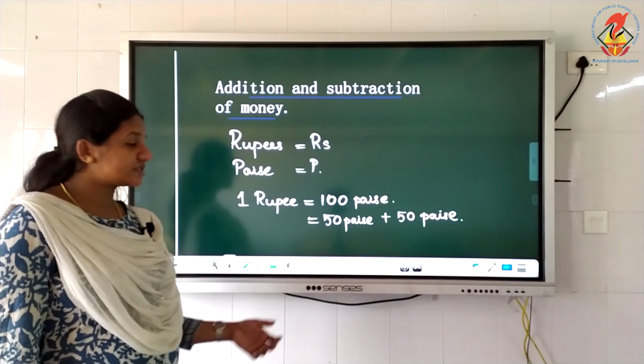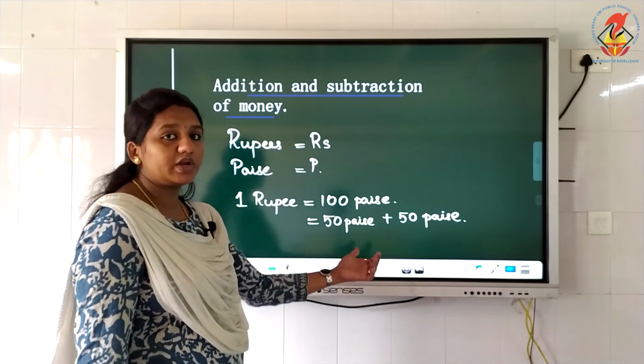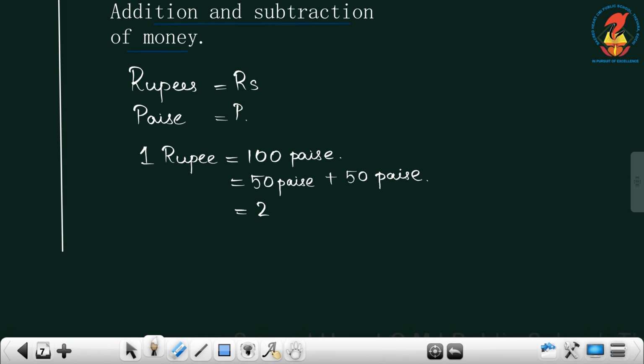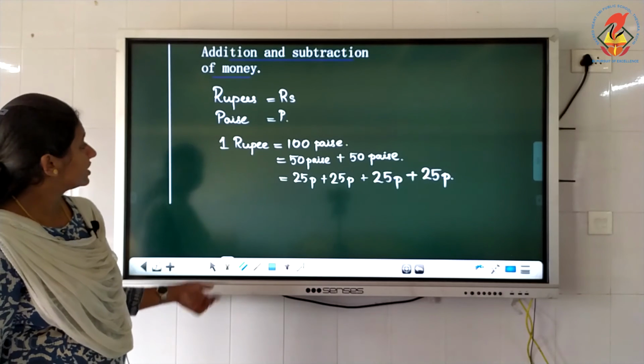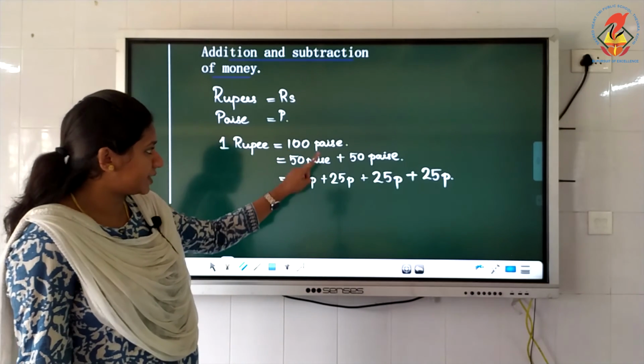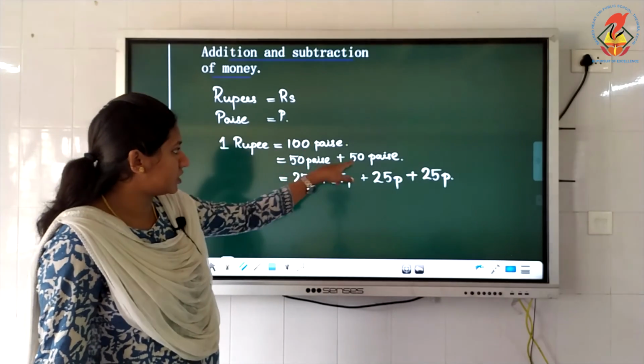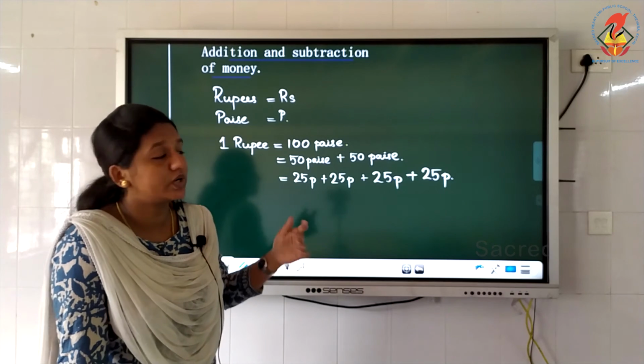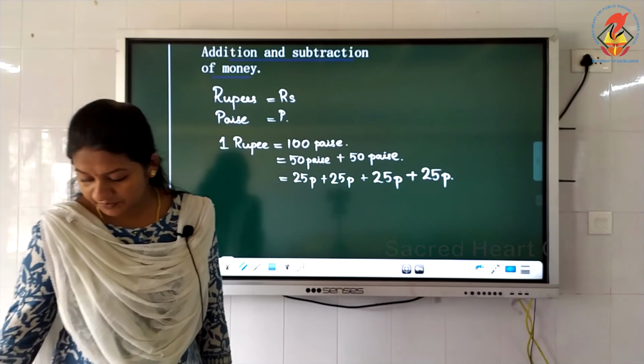Then in 25 paisa, how many 25 paisa make 50 paisa? 2 25 paisa coins make 50 paisa. So 1 rupee is 100 paisa. 100 paisa we can write as 2 50 paisa coins. 2 50 paisa coins can be written as 25 paisa, 4 25 paisa coins make 1 rupee. Clear?